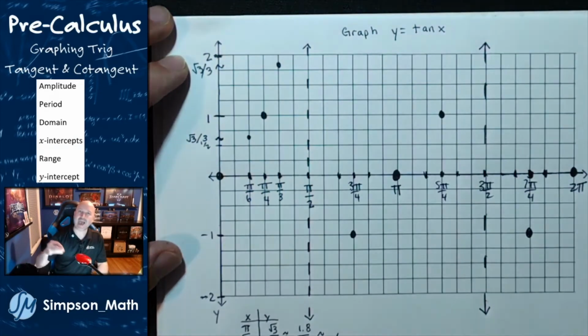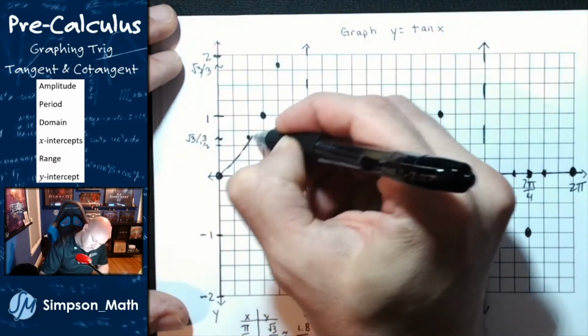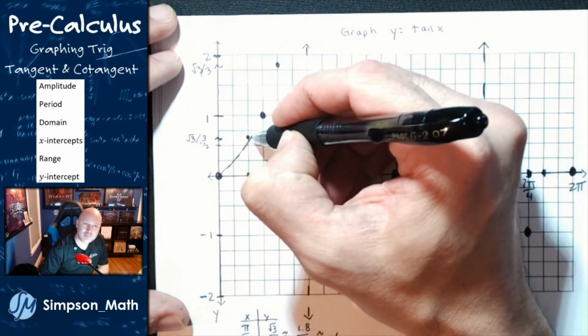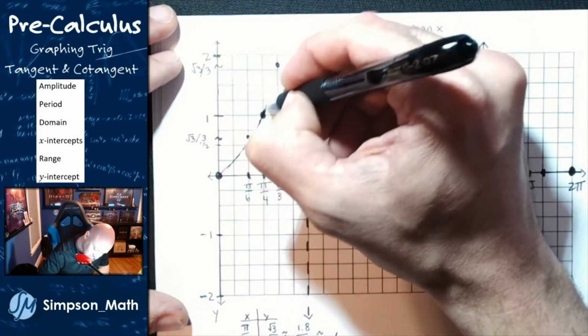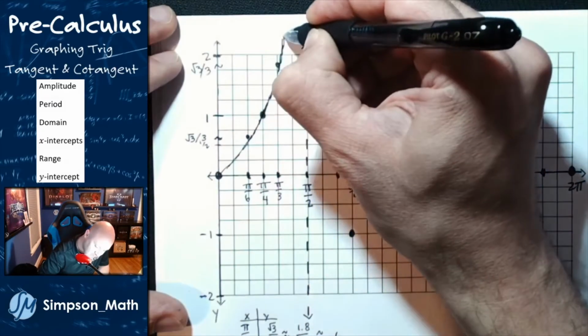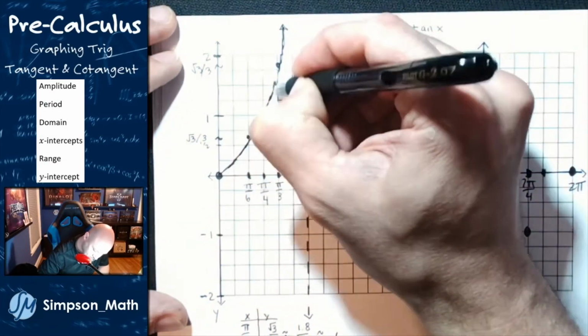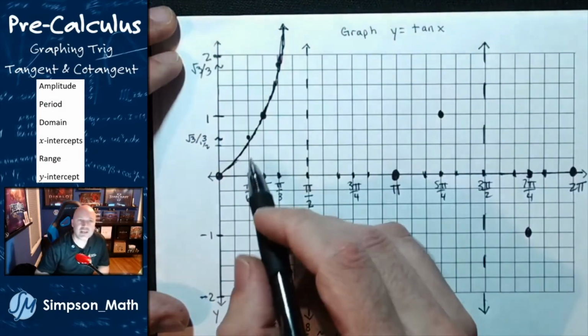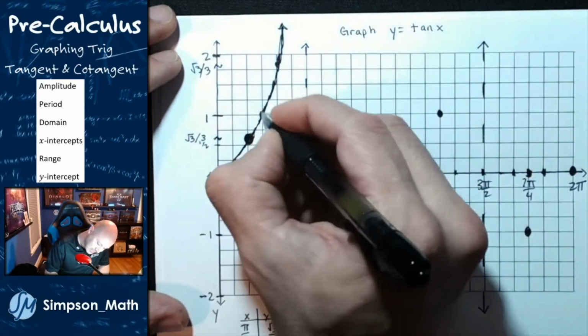So the closer I get to the pi halves, the faster I am increasing. So notice that point didn't quite fit my scale. I'm not even going to try to. I'm just going to make this as curvaceous as possible. If you want that to fit, a nice way is just to make that point big.